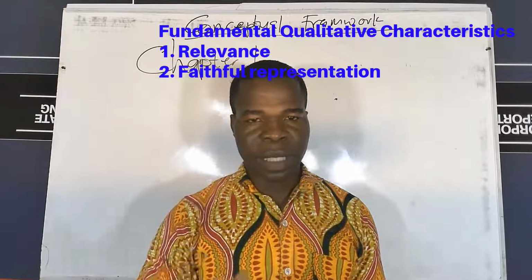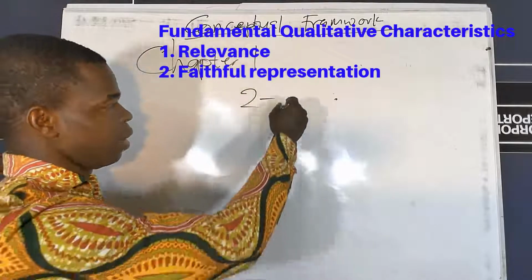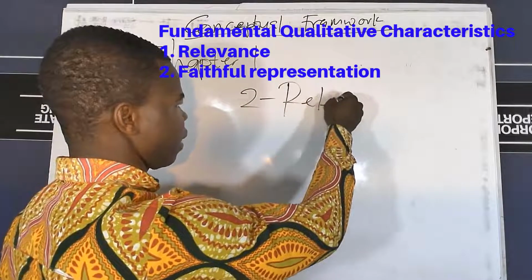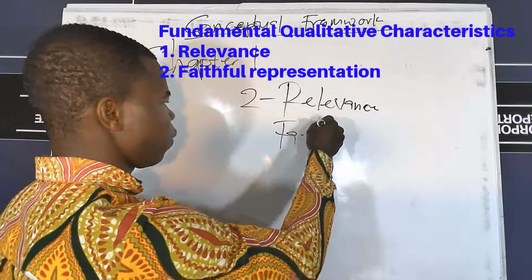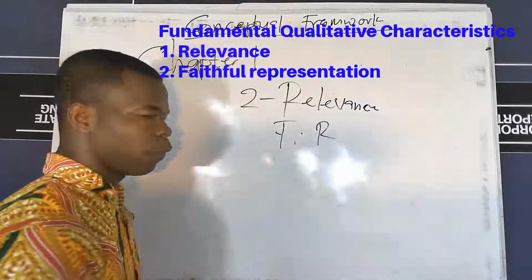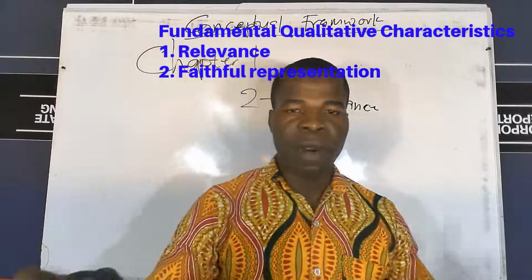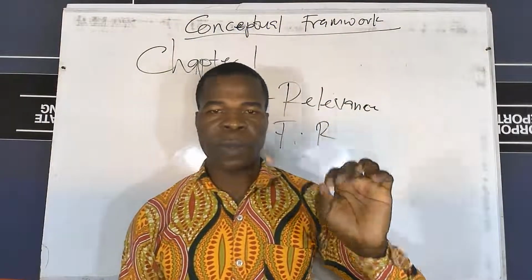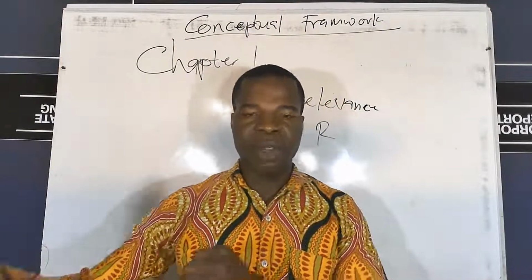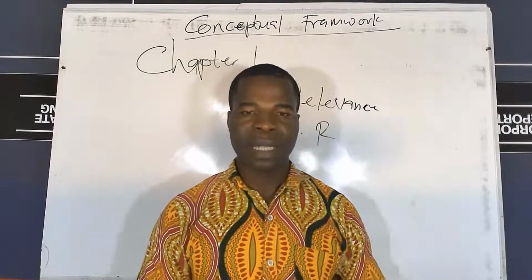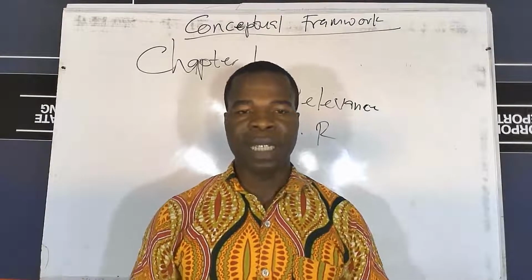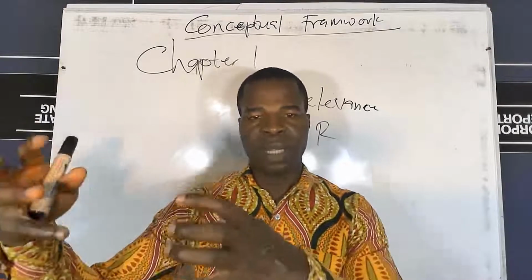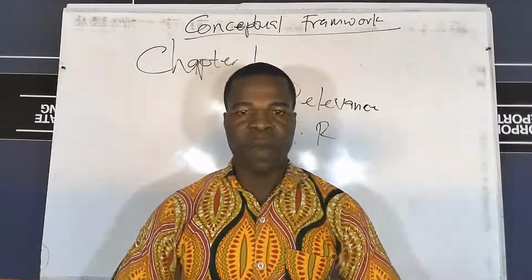With the fundamentals, we have the first one to be relevance, and the second one to be faithful representation. When we talk about relevance, we are looking at 2 keywords: predictive value and confirmatory value. Whether that financial statement we can rely on to predict, and you can confirm those values that we have predicted.